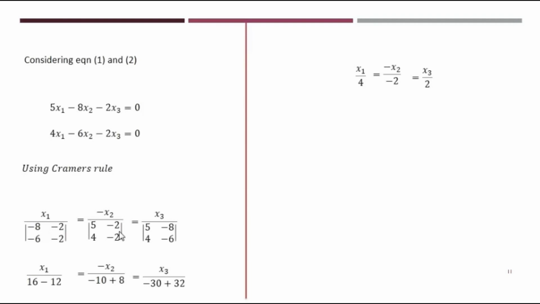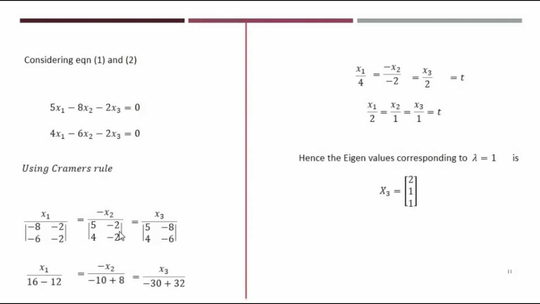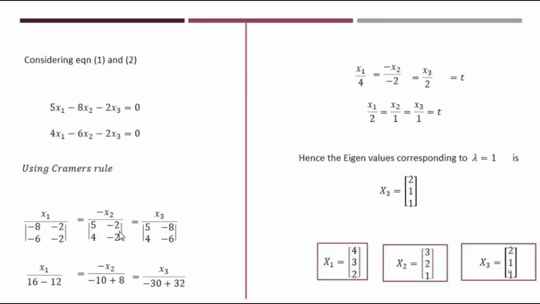Four minus 2, so we can cancel 2 throughout. We will get 2, 1, 1. So for lambda equal to 1 it is 2, 1, 1. So we have three eigenvectors corresponding to three eigenvalues: 4, 3, 2, then 3, 2, 1, and 2, 1, 1.